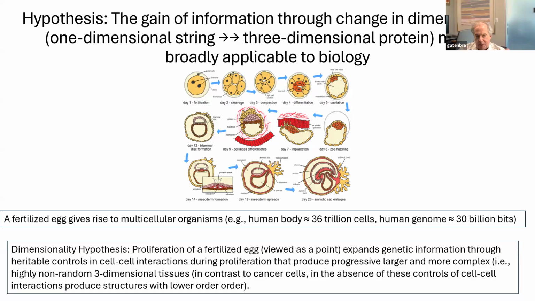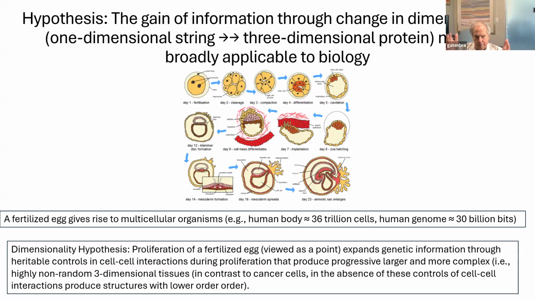And so this dimensionality hypothesis suggests that the proliferation of the fertilized egg is a process that is tightly controlled by cell-cell interactions, so that each state there is a highly non-random three-dimensional structure, and that by specifying that configuration out of all other possible configurations of proliferation of the cell, there's a consistent gain of information.